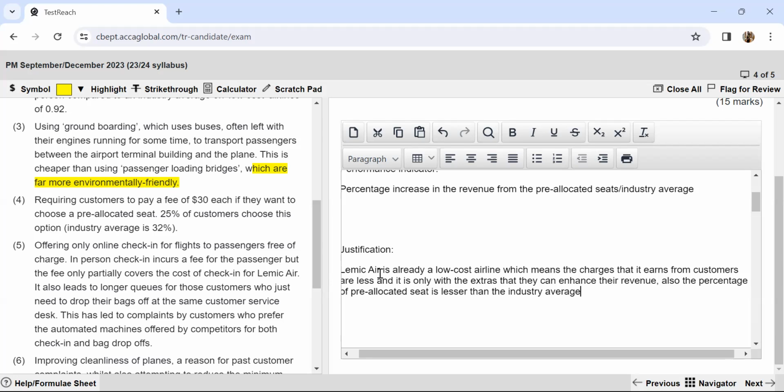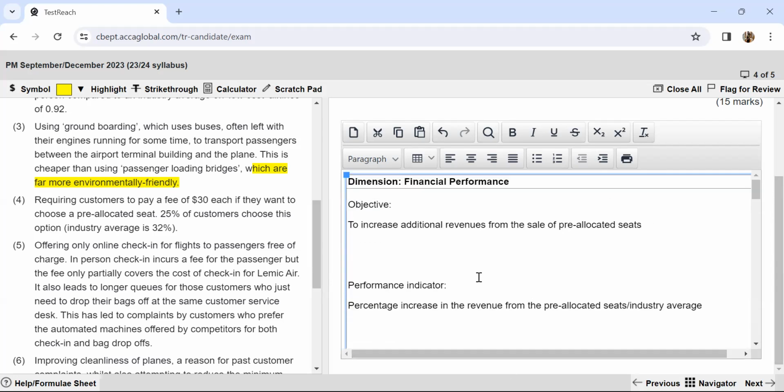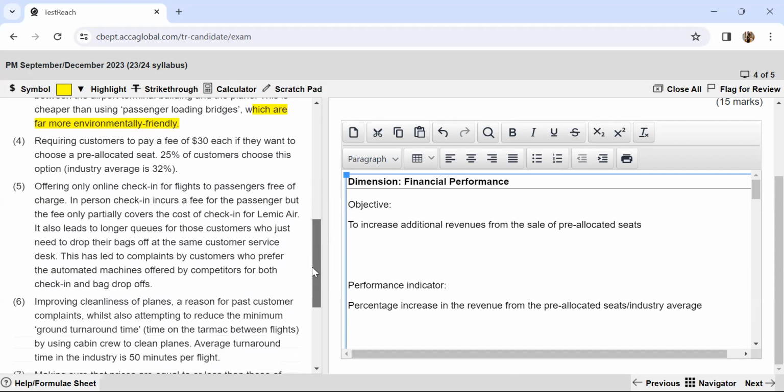So this is how we have justified why we are choosing this objective and why this should be the performance indicator. Now, let's read further.